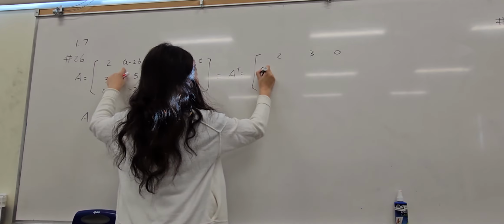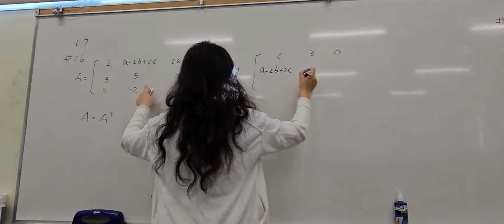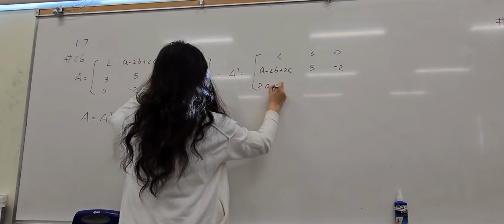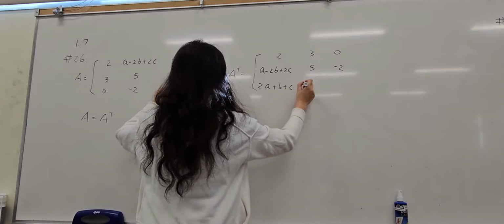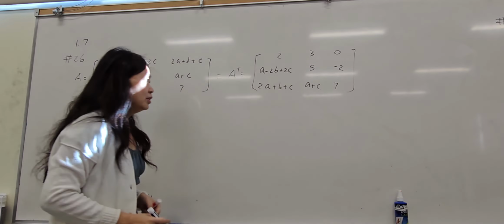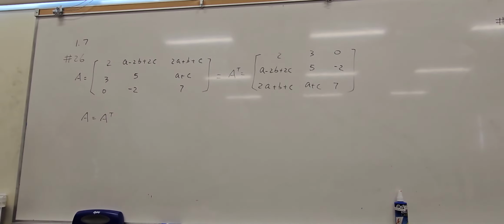And a minus 2b plus 2c, 5, and then negative 2. And then 2a plus b plus c, a plus c, and then 7. So that's your A transpose. So you're supposed to make them equal to each other. Now you need to solve this.